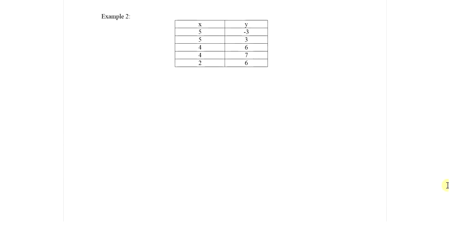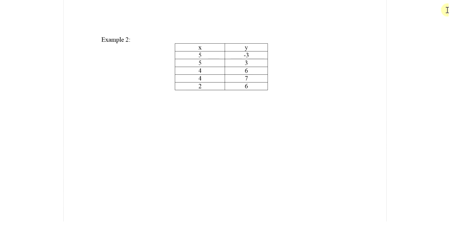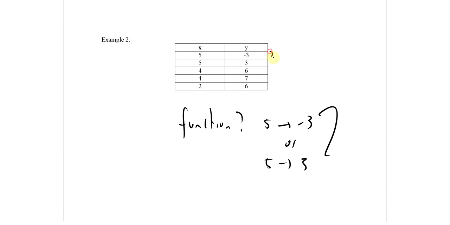Okay, so example 2, here's a table. Looks like a function, is it? Well, what does our rule say? 5 goes to -3 or 5 goes to 3? Big question mark if you look at these two. And likewise for 4. There's a problem.